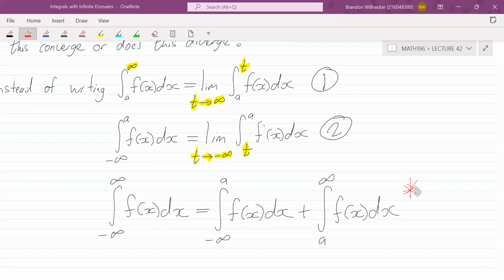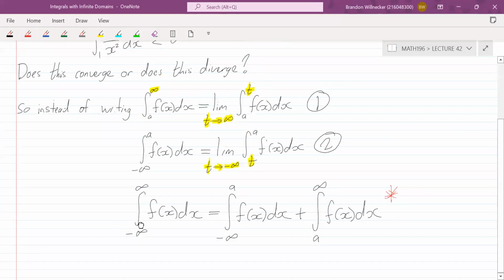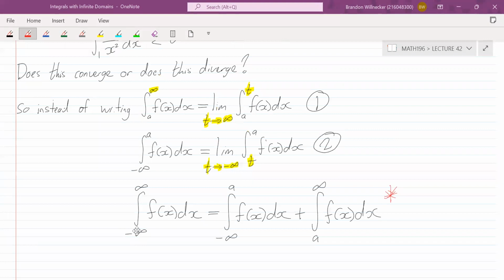It doesn't matter if one of them converges, we need both of them to converge. So it's an extra condition if we have this double-sided infinite integral. Please watch out for this third case over here, where we've got the two infinities to deal with. So with that in mind, let's take a look at our first example.